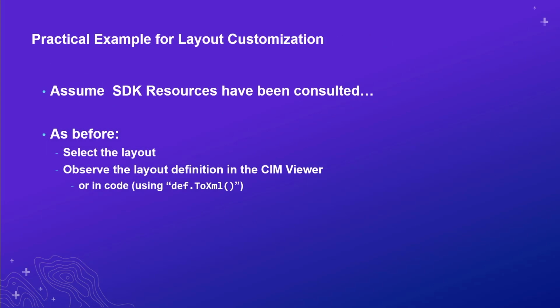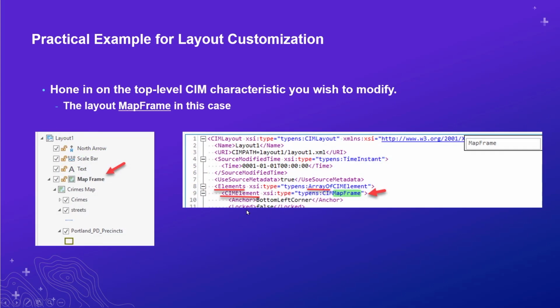So again, as before, we look at SDK resources, etc. And now we select the layout and then we observe the layout definition in the CIM viewer. That's what I do, or in code. You know, if you have a piece of code handy, you could do the definition to XML to look at the XML representation of the CIM. So now we have to home in on the one class, the characteristic that we want to modify.